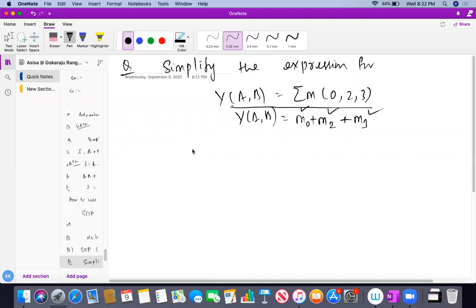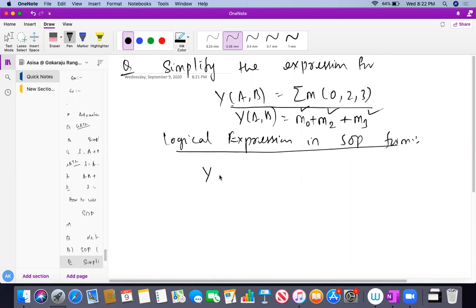Okay. So if I am making it a logical expression in SOP form, what would it be? Logical expression in SOP form, nothing else. Y is M0. M0 means what you have to do? See here what I am doing, M0, M2 and M3. So M0 is nothing else, 0, 0. This is 1, 0. This is 1, 1.